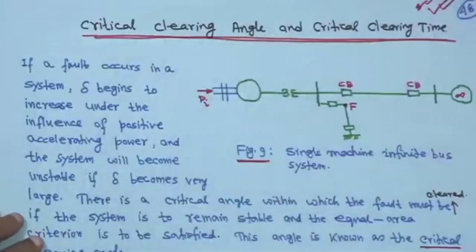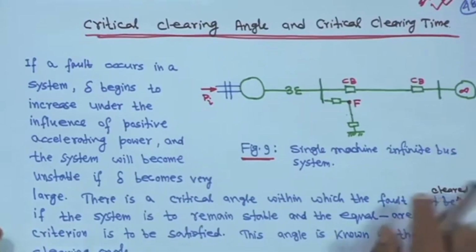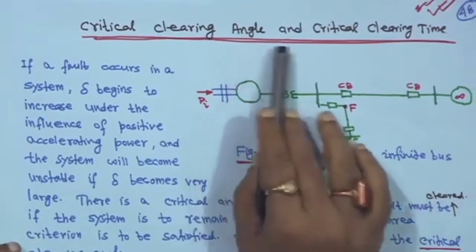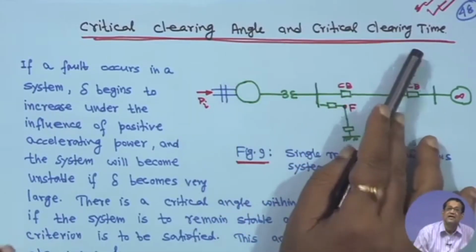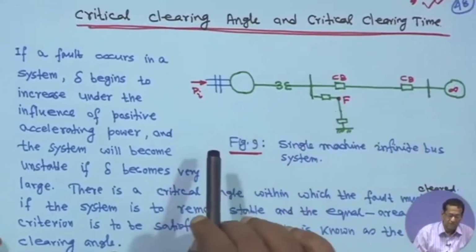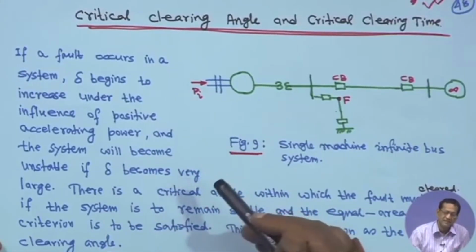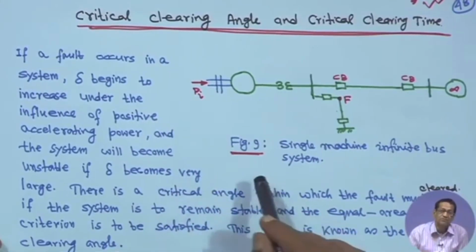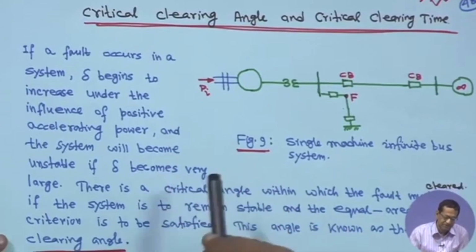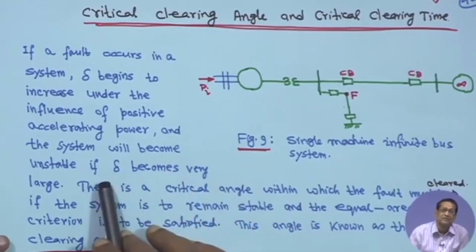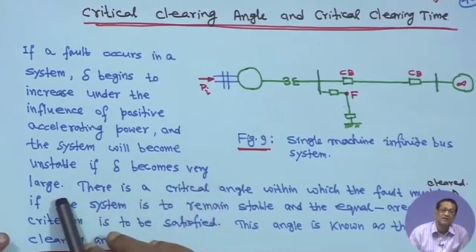So, now the same philosophy will be applied, for example, to the critical clearing angle and critical clearing time. Suppose a fault occurs in a system, the delta will increase under the influence of positive accelerating power, and the system will become unstable if delta becomes very large.